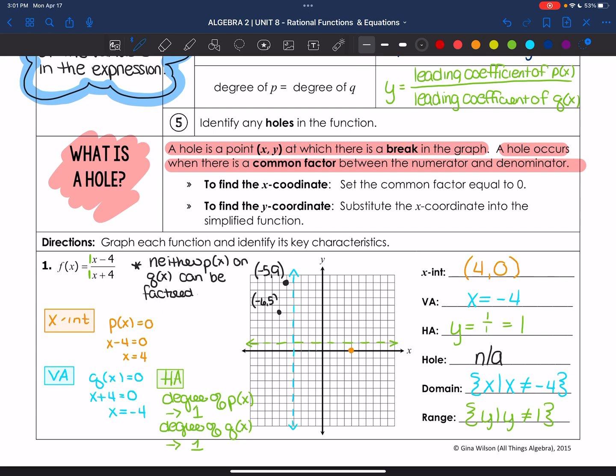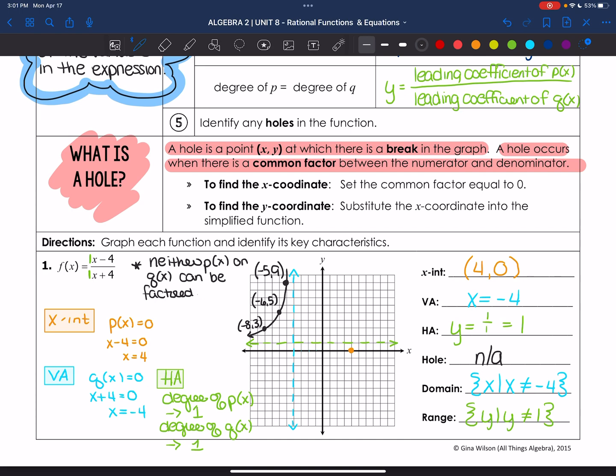We've got a nice point there. And then I also have at -8 a height of 3. So I've got these points from looking at my table.